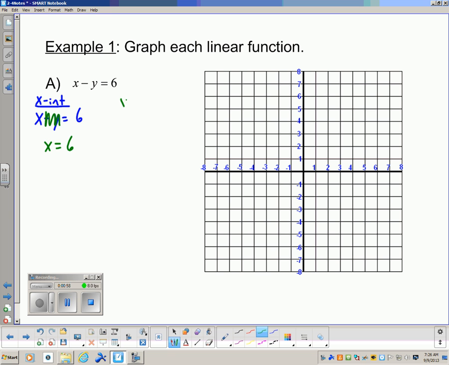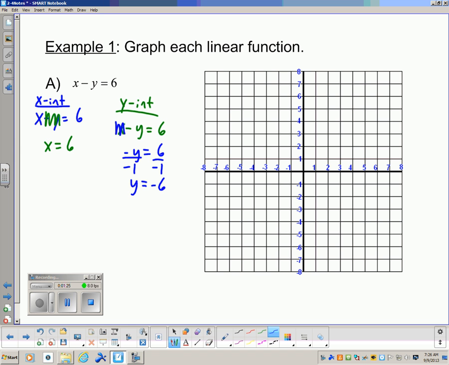For my y-intercept over here, I'm going to rewrite the original equation there. I'm going to cover up the x in this case. So covering up the x, I get negative y equals 6. I'm going to divide both sides here by negative 1, so I get y equals negative 6. And I've got my x-intercept and my y-intercept there.